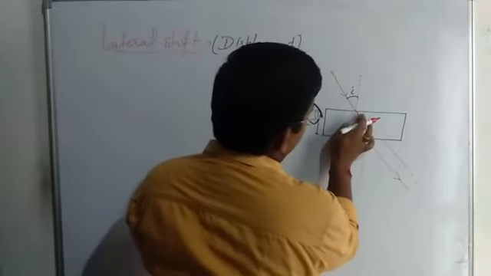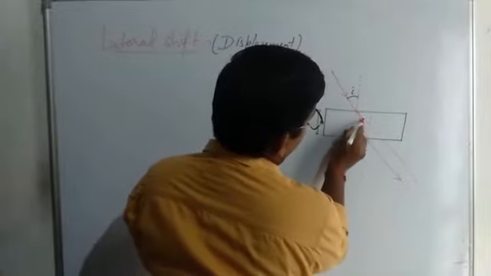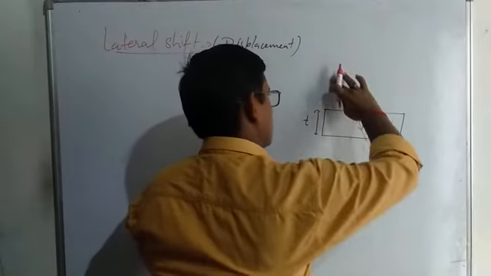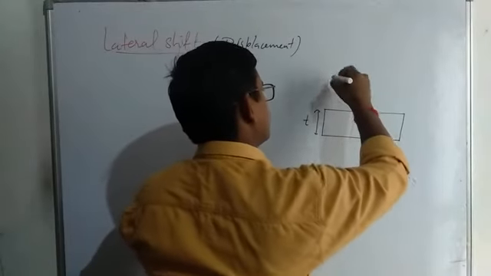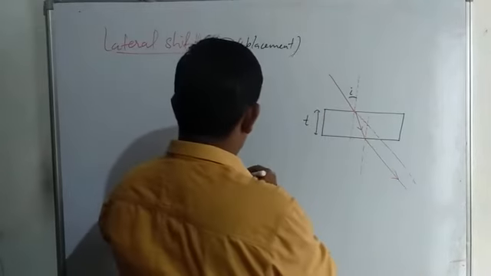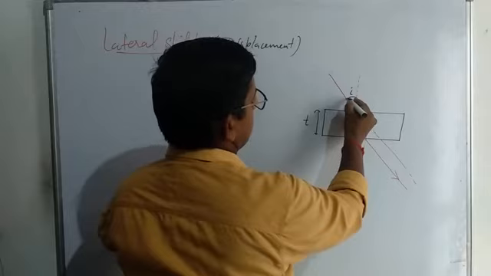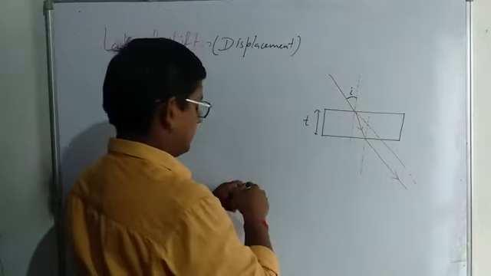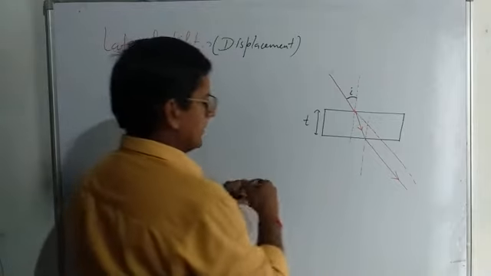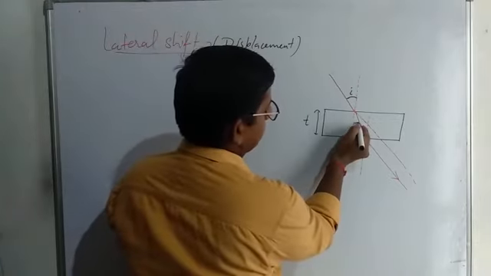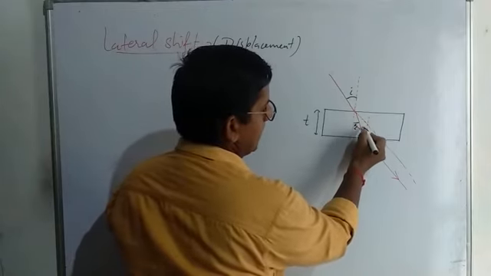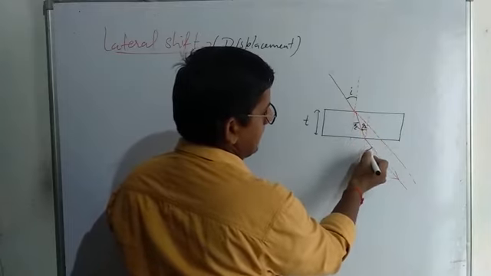Always after refraction, the emergent path and initial path are parallel to each other. And let's say this is angle R. Also this is angle R, and let's say this angle is I.